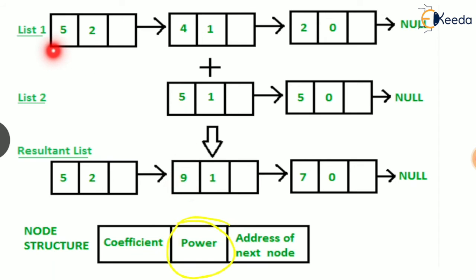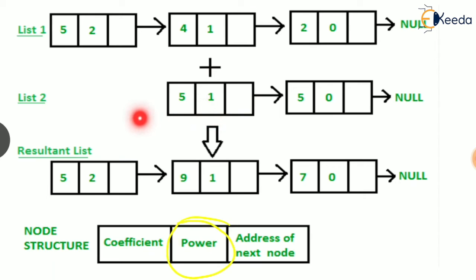So here 5x squared is to be added with 5x. Now this is not possible because the exponent, or the power, of the first expression is 2 and the power of the second expression is 1. So 2 is greater than 1. In that case, what will we do?